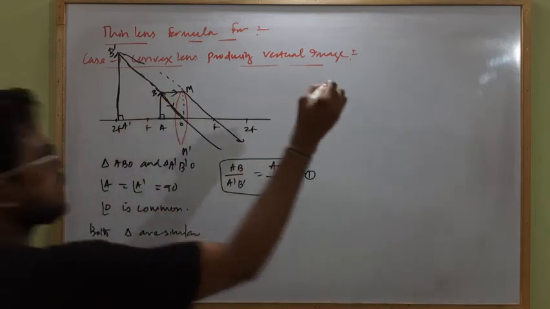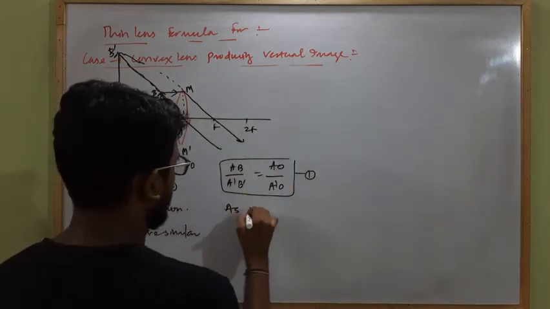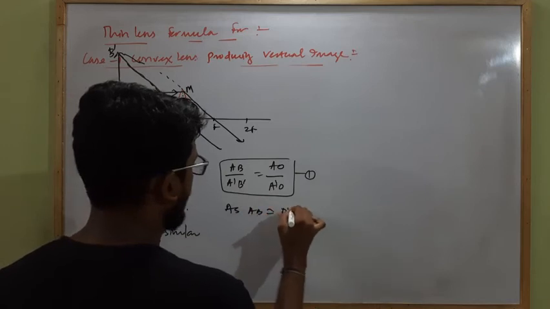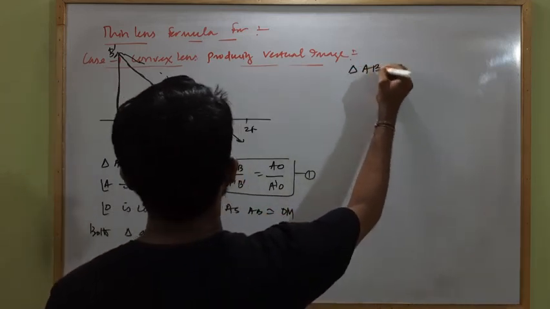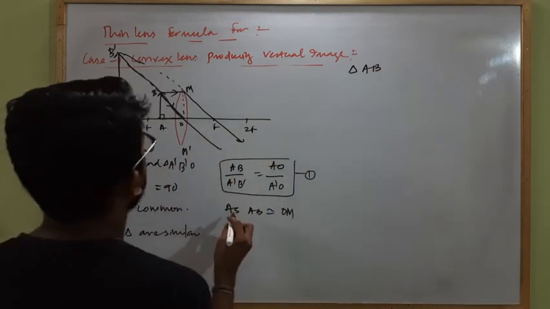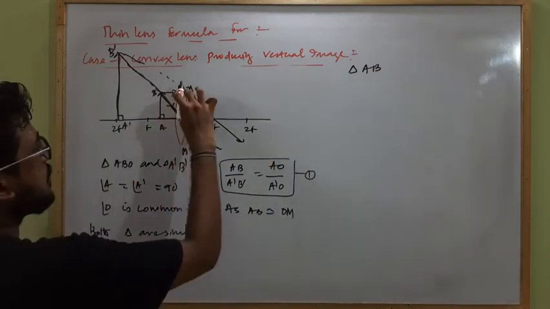As AB and OM are parallel, AB is nearly equal to OM.